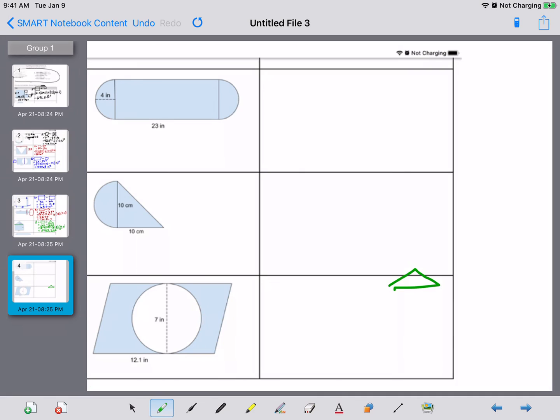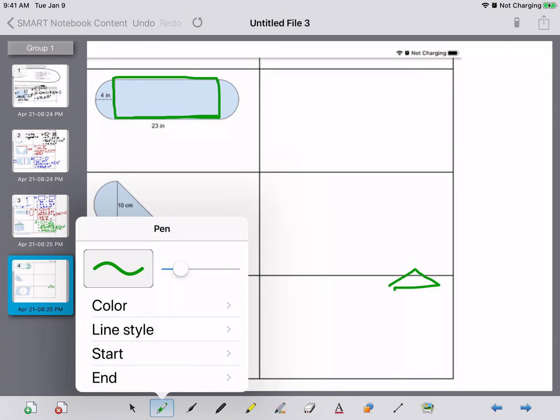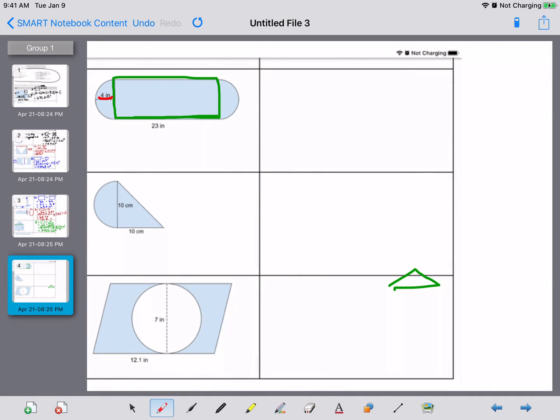Here, I'm going to break this down as a rectangle. Okay, and my rectangle has an interesting dimension. Since this radius is 4, that means this is 4, and so is that.